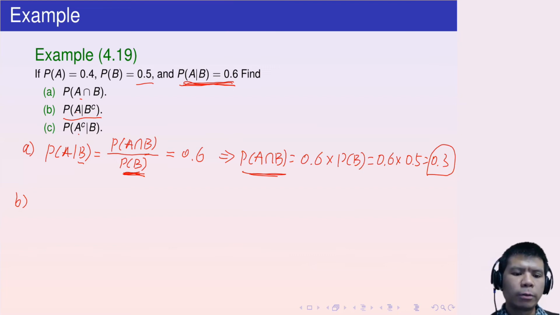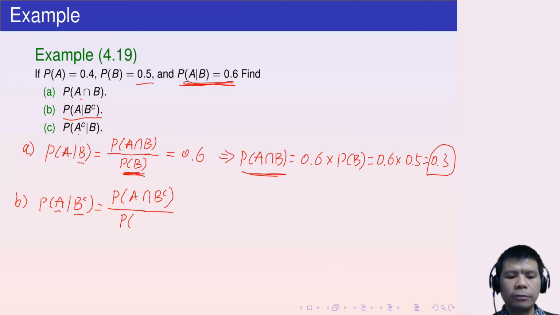So the probability of A given B complement becomes the probability of the intersection of these two events, A intersect B complement, over the probability of the event that serves as a condition, which is B complement.